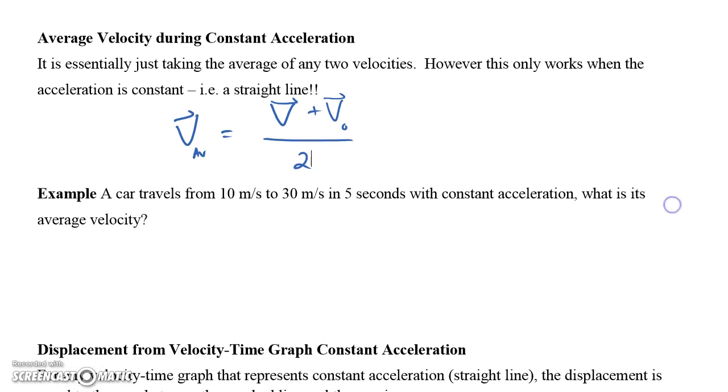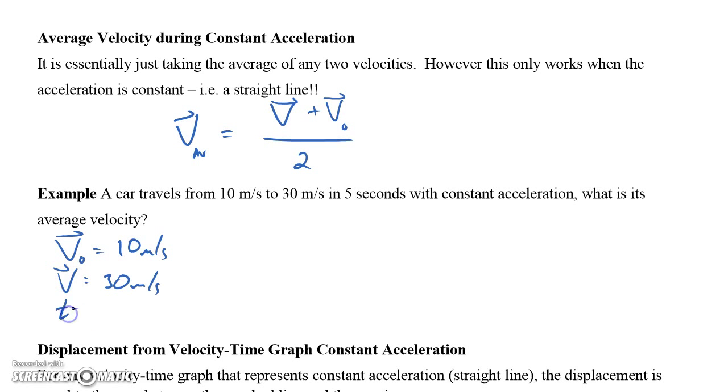So if we're looking at this example here, we're given V naught is 10 meters a second. V is 30 meters a second.